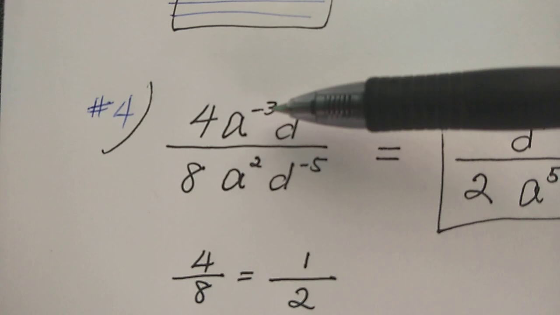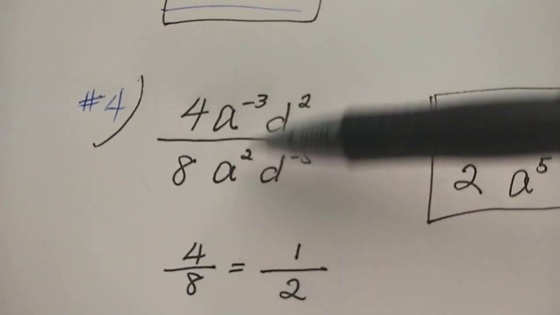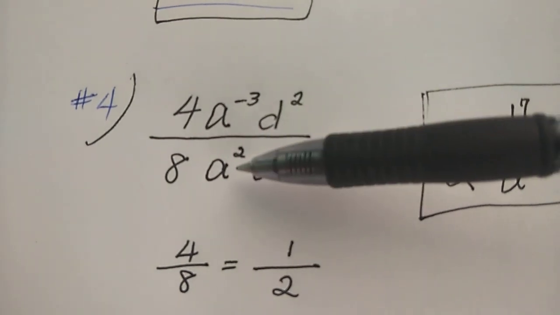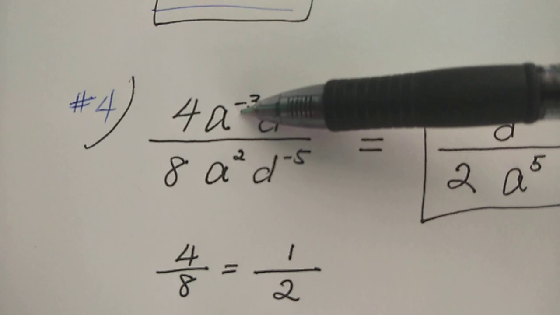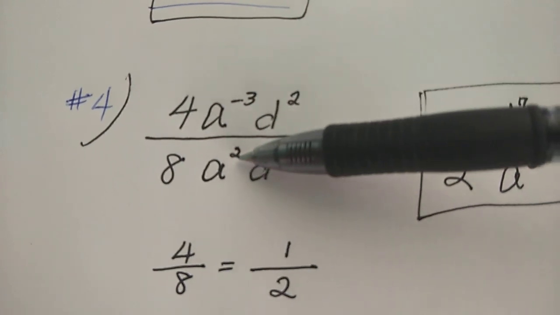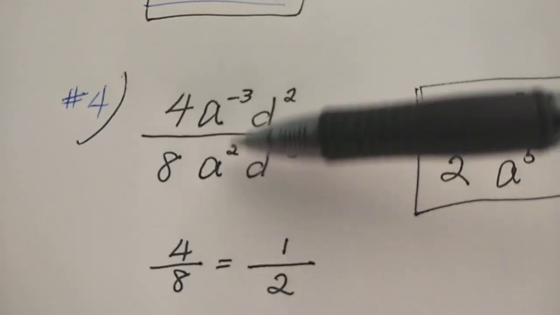And then a to the negative third over a to the second: you have to use the addition and subtraction rules. You take the exponent, the negative 3, and then you subtract the 2 because this a is on the bottom, in the denominator.